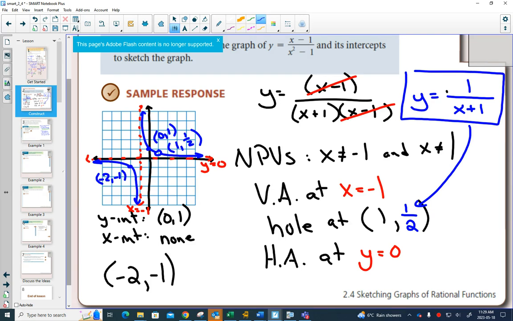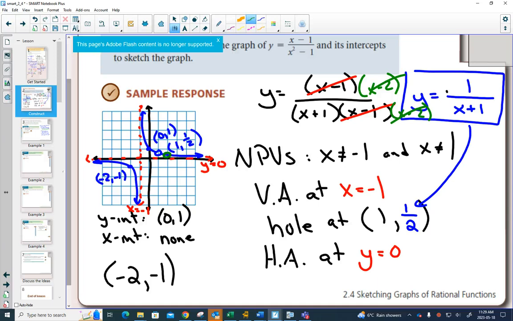It's a rational graph with a hole. In fact, you can have any graph you've ever had before and add a hole. If you want, I can add another hole to this. Like, if I added x minus 2 on top and x minus 2 on the bottom, that would cancel out. There would be another hole here. You could add 15 holes to a graph.